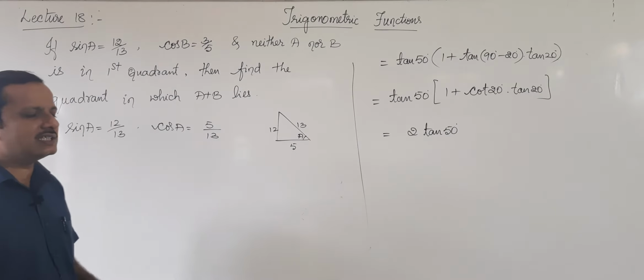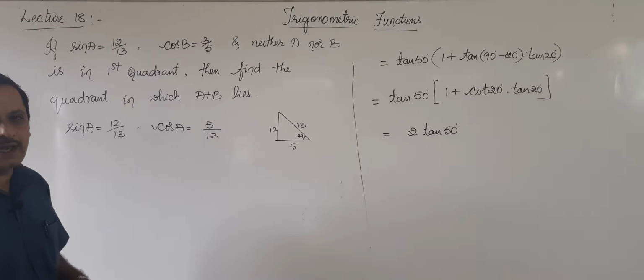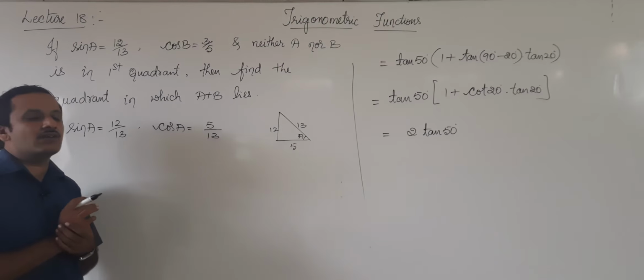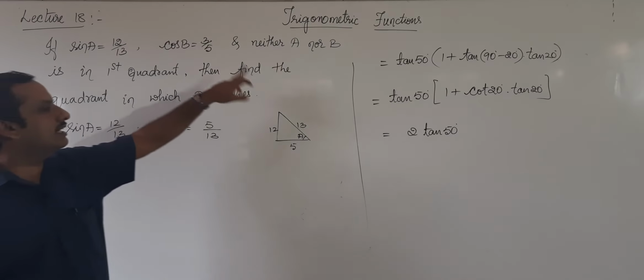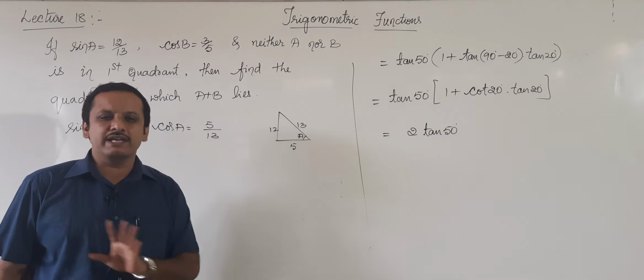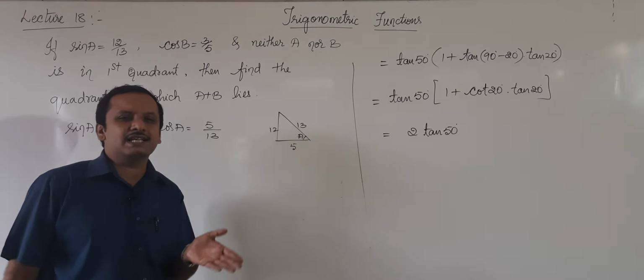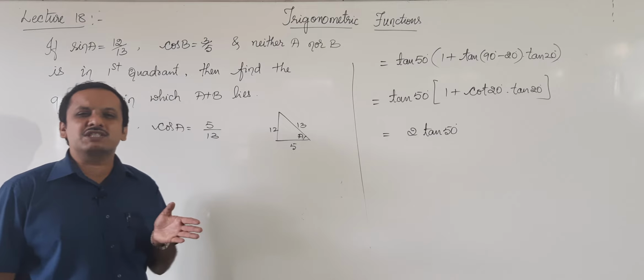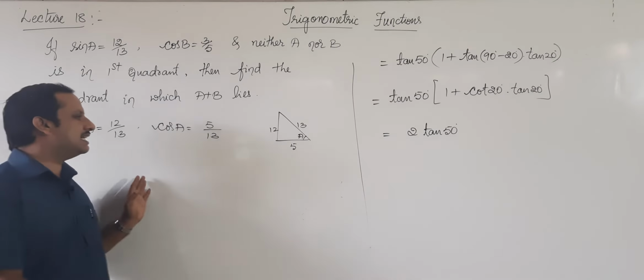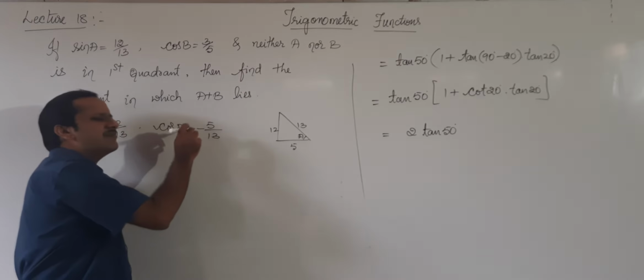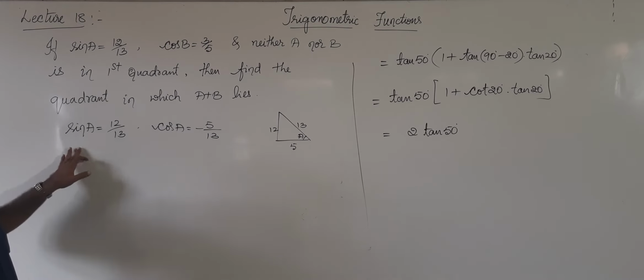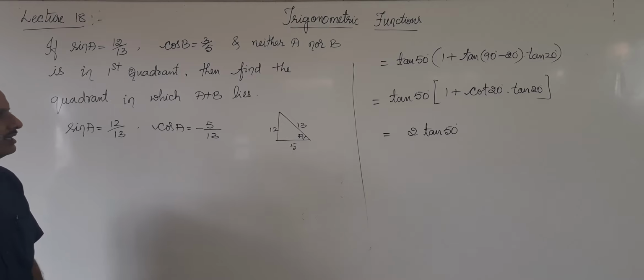I have to write minus because A is in second quadrant. How do I know that A is in second quadrant? It is given that neither A nor B is in first quadrant. If A is not in first quadrant and sin A is positive, A must be in second quadrant. Since A is in second quadrant, this cos A must be negative. So, cos A is equal to minus 5 by 13.